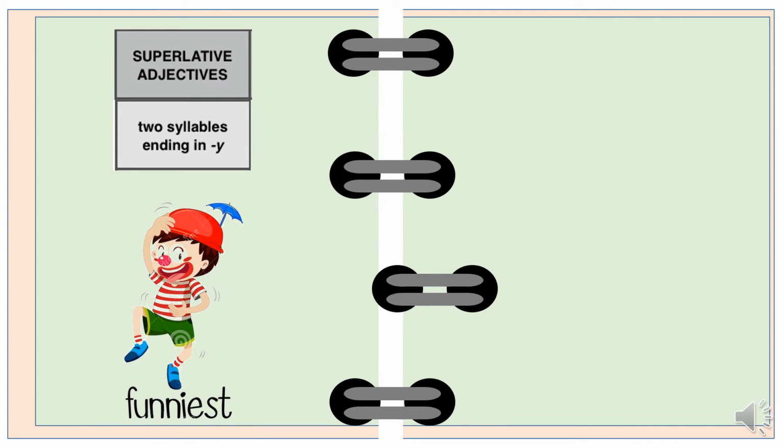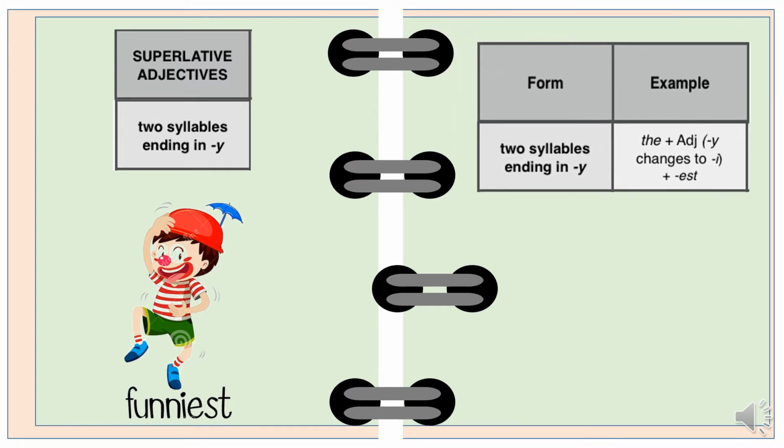Now let's continue with words with two syllables ending in y. You remember when I told you that when a word ends with y, we remove the y and we're going to add i, e, s, t. Okay? So that is the example that we're going to see. Form: two syllables ending in y. For example, happy. Happy ends in y.